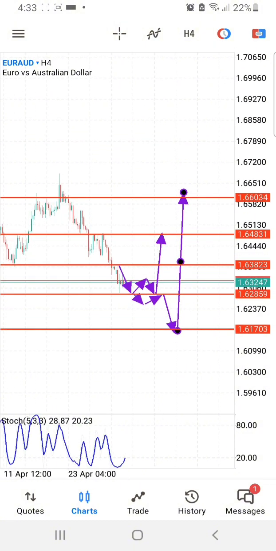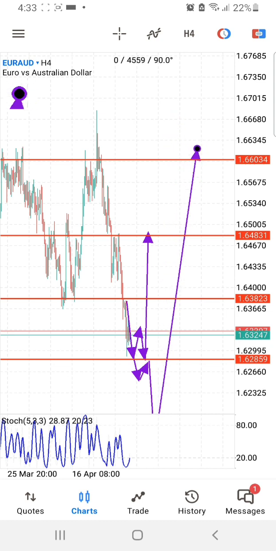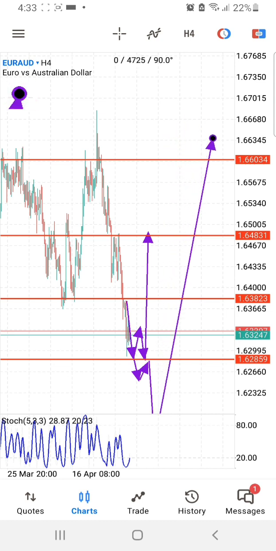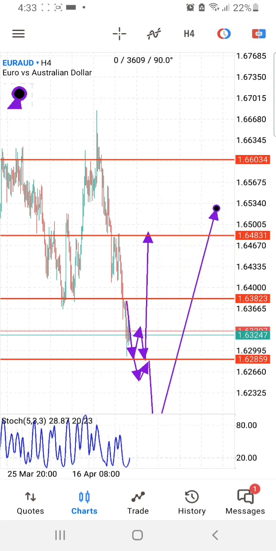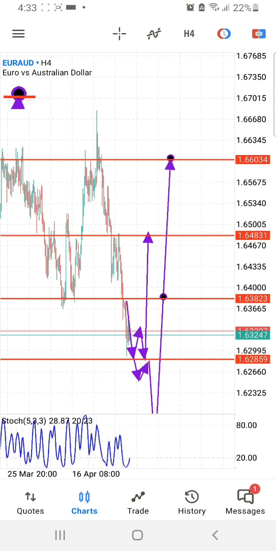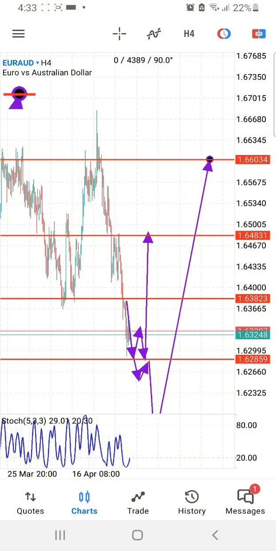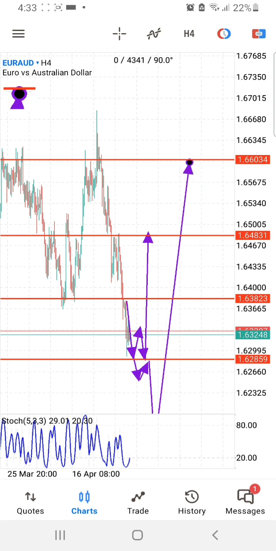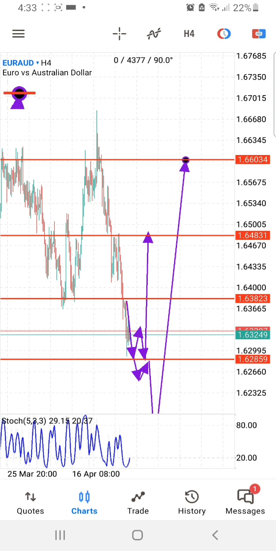Either way, it will reverse somewhere, as long as you get the appropriate confirmations. And I believe the market will reverse somewhere here. We can capitalize on it for the entire week, because the market will be doing pullbacks and trending consolidation and everything to reach this point in time.